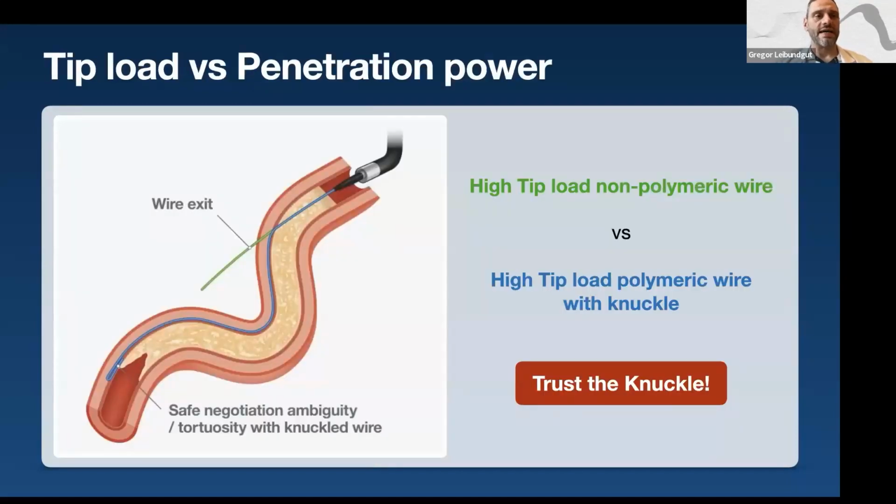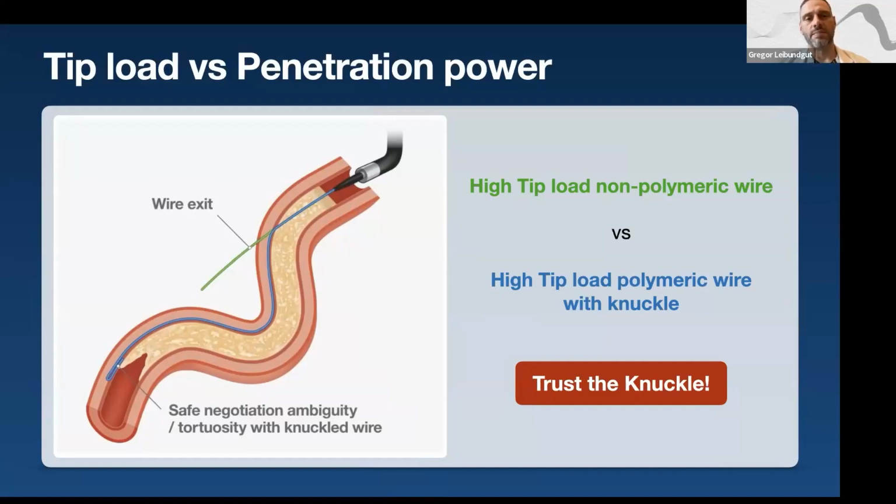This high penetration power is something we don't want when we do knuckling, because we want to stay in that dissection plane and we don't want to perforate through the layers of tissue outside of the vessel into the pericardium or any other space. And therefore, what we want is a high tip load, but not a high penetration power.